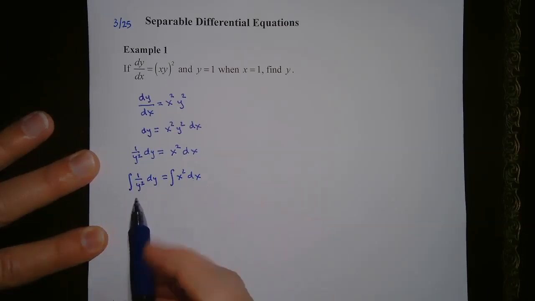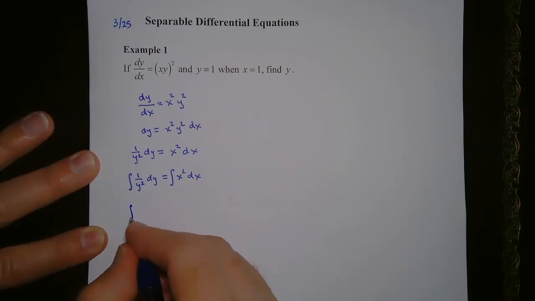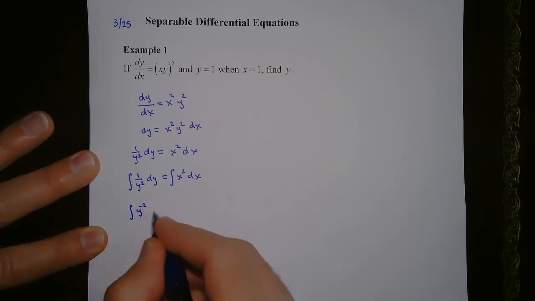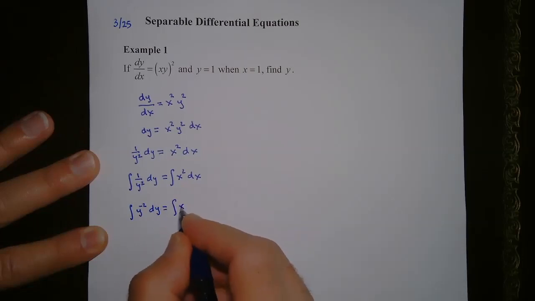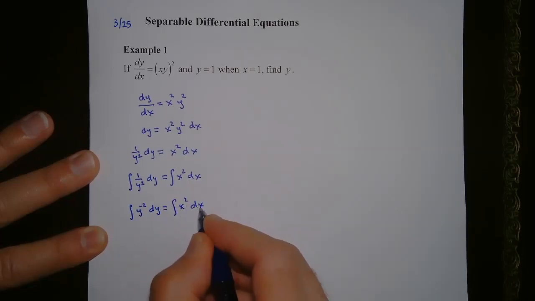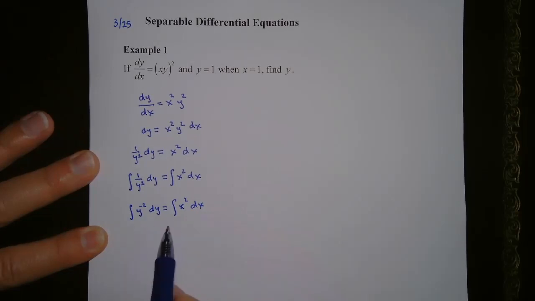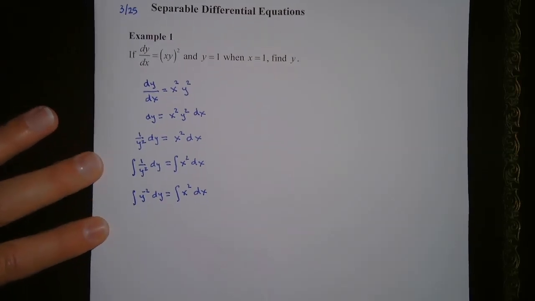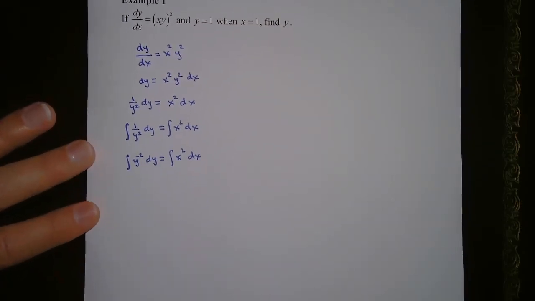Now 1 over y squared can be rewritten, so this would be the integral of y to the negative 2 dy is equal to the integral of x squared dx. And these are indefinite integrals, so we're going to pick up that constant. These aren't definite integrals where we have a lower limit and upper limit like we did the other day.